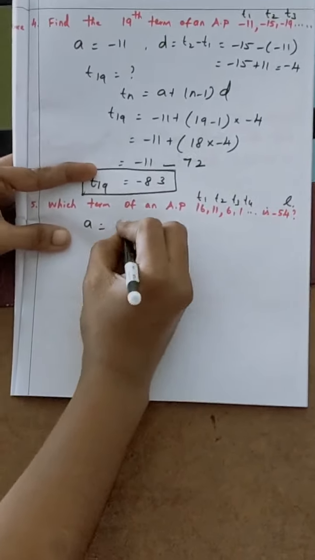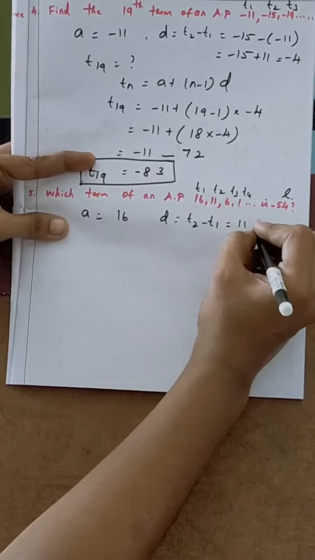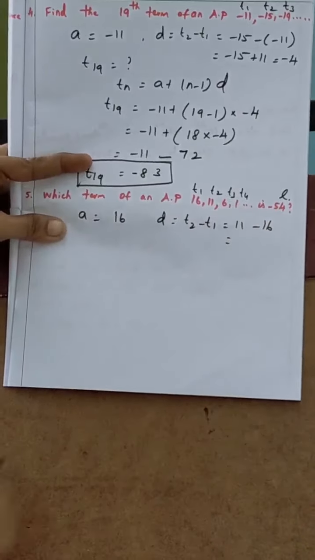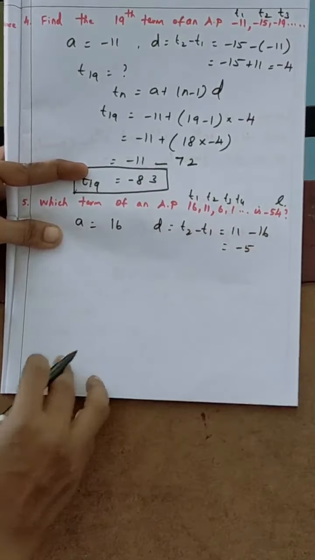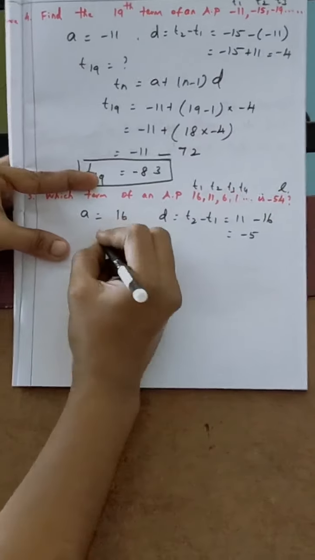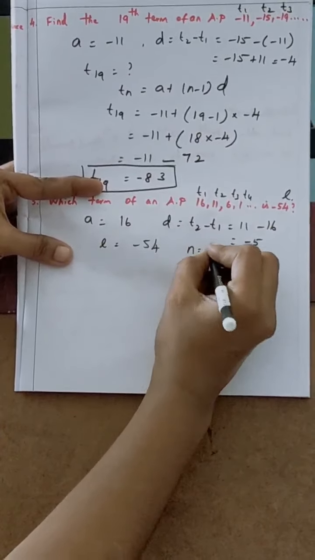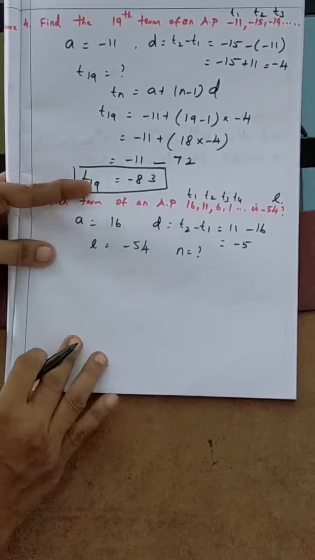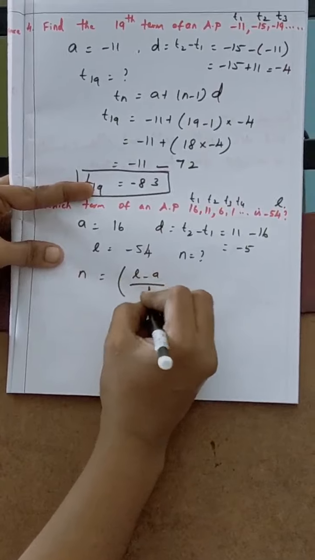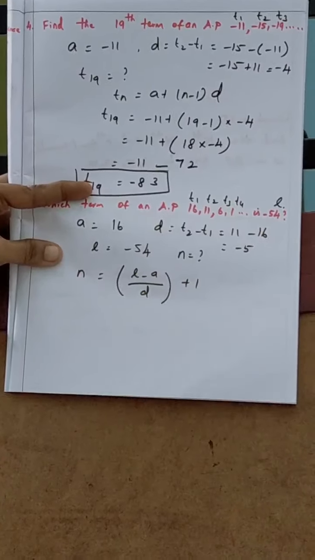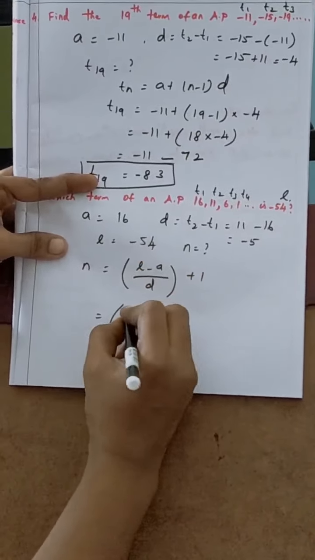So A equal to 16 and find D equal to T2 minus T1. So 11 minus 16. What is the answer? 16 only is the bigger number. 16 minus 11 is 5. The bigger number's sign is minus, so minus 5. Okay students, so L equal to the last term also given, minus 54. You find the number of terms. N only find it. What is the formula? N equal to L minus A divided by D plus 1. That one is the number of terms. Apply this formula. Substitute the values. L is minus 54.